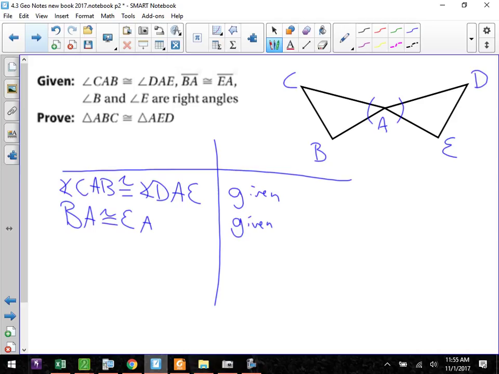And lo and behold, I go back, and what do you think I do to my diagram? Yep. Now, we have our third given. So far, you had to do no thinking. All right. Go to the next one.